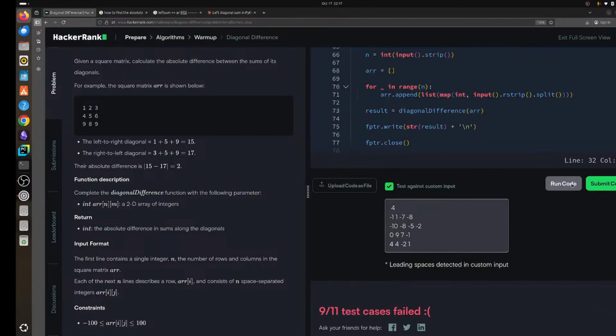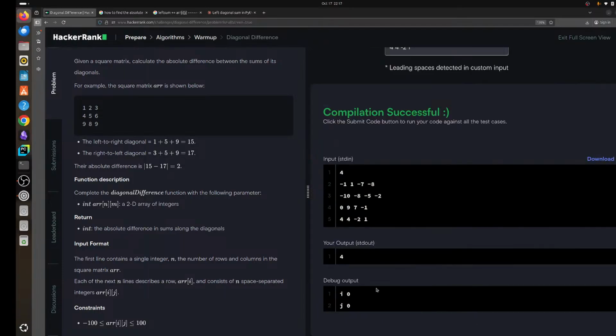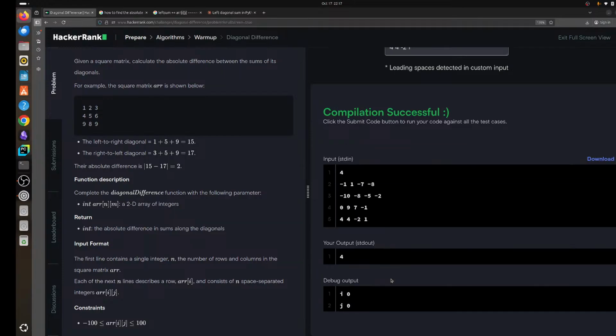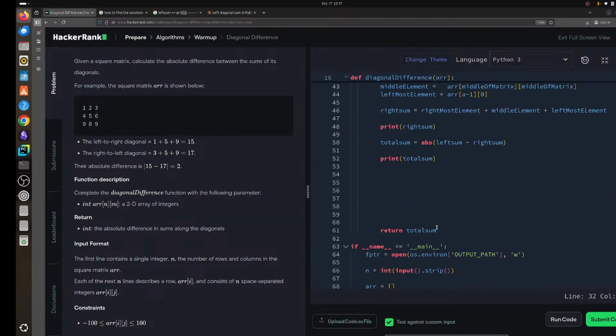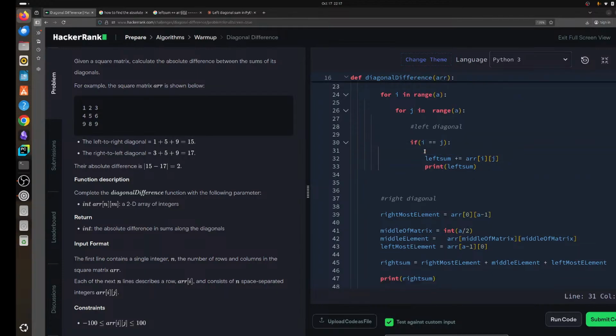Okay. Run code. Wait. Let me remove these two lines. I think some issue is there.